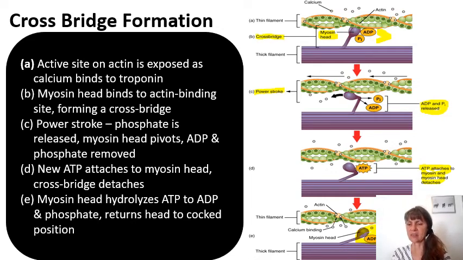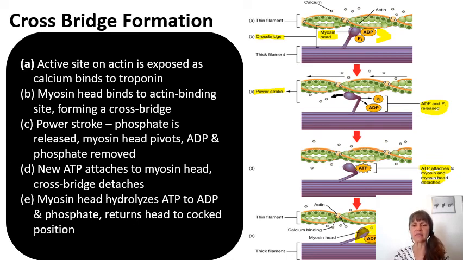This cocks the myosin head, it moves it. The energy from breaking apart adenosine triphosphate moves the myosin head into its cocked position so that it can have another bond with the exposed myosin binding site on actin.